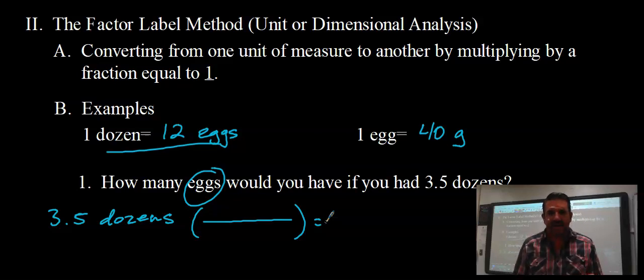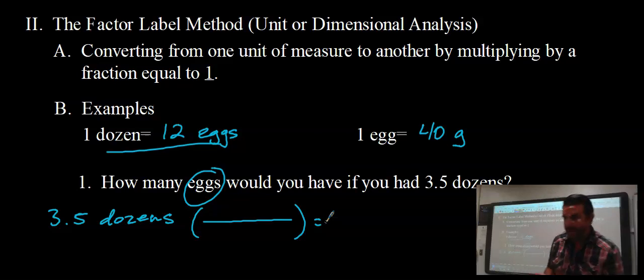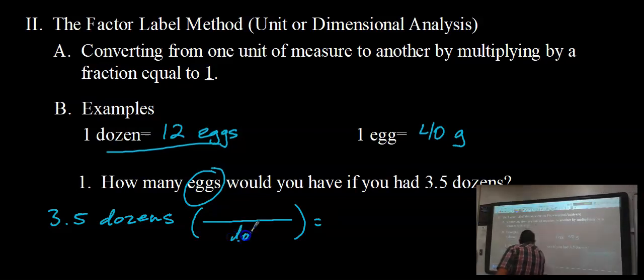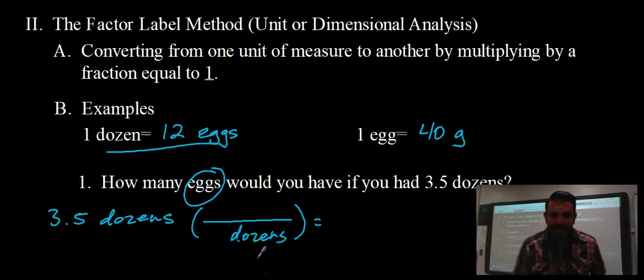The units that we need to get rid of need to go on the bottom, because when we multiply these fractions, we want that to cancel. So in this case, we want dozens to cancel, so dozens is going to go on the bottom. Please, please, please, no numbers. Put in the units first, and then we'll put in the numbers.